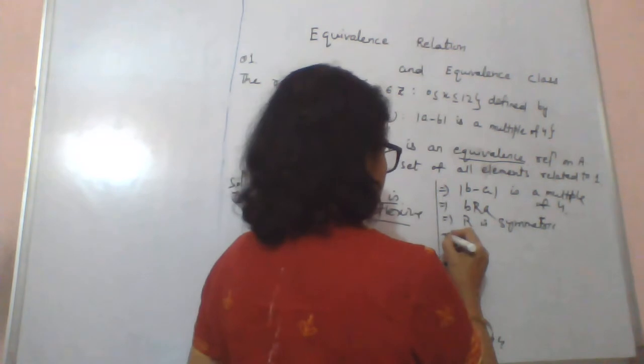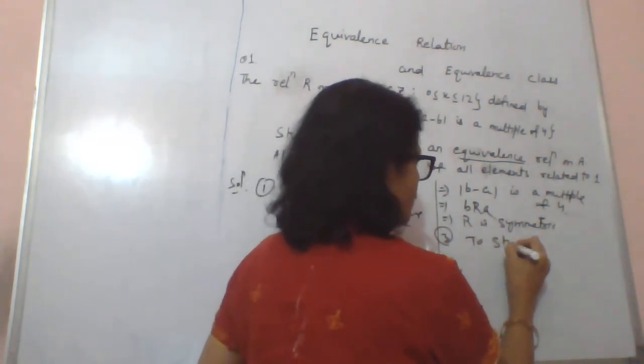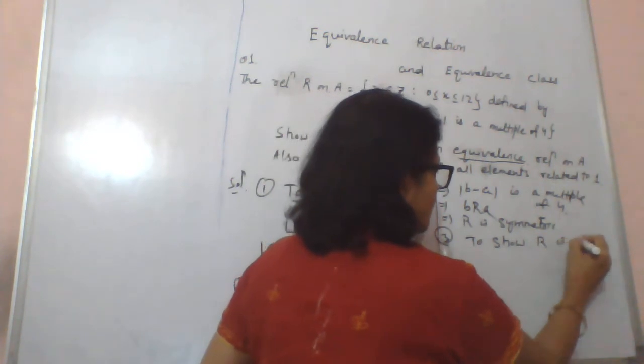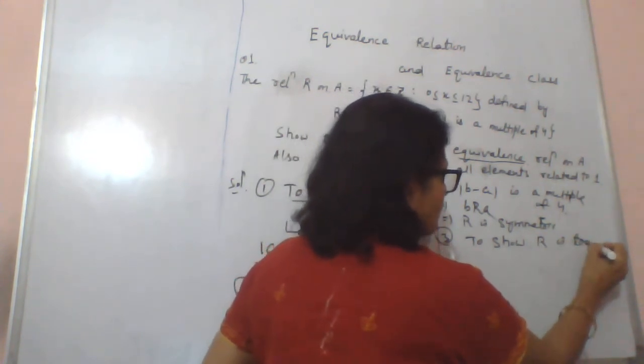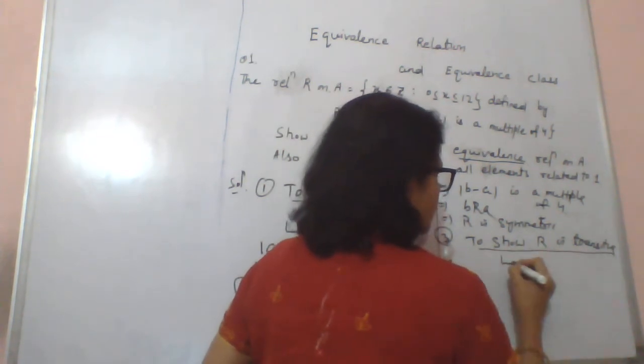Third part is to show R is transitive. In this case, again we need three elements.